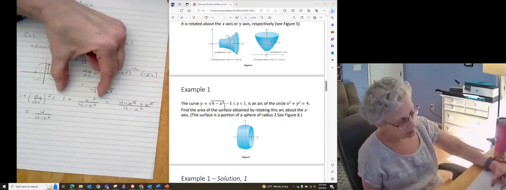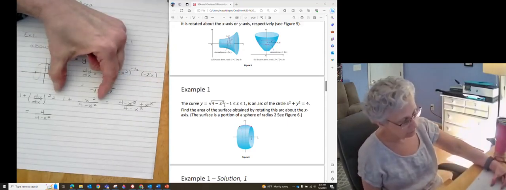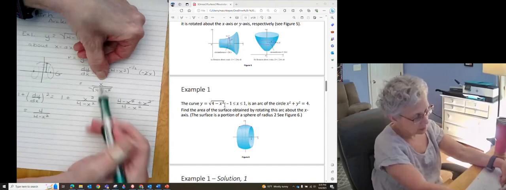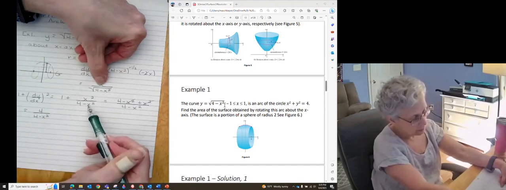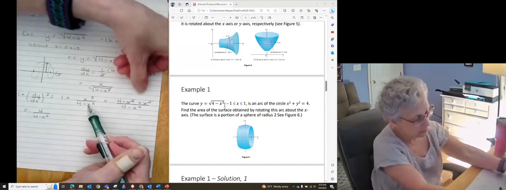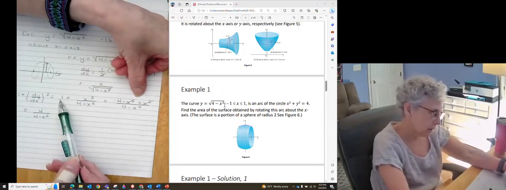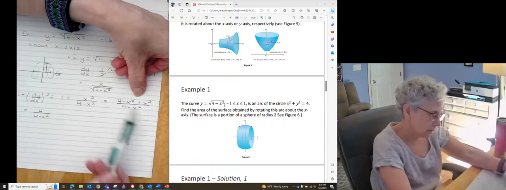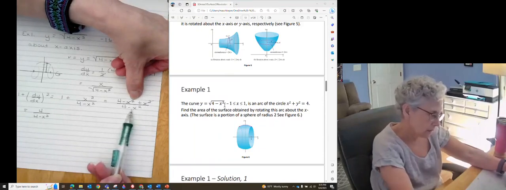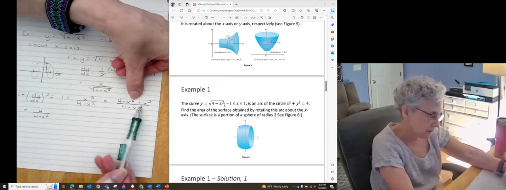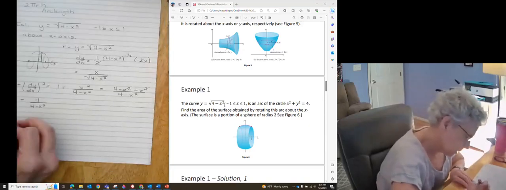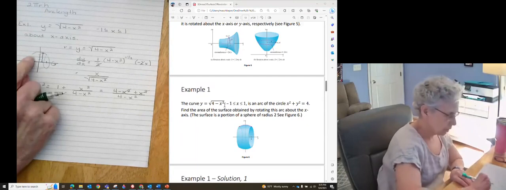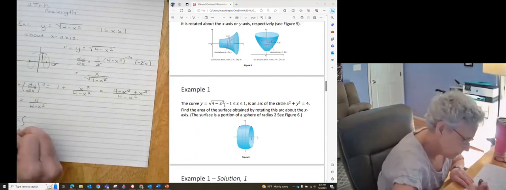So 1 plus my derivative squared, my derivative squared simplified quite nicely. The radical goes away. 1 is 4 minus x squared over 4 minus x squared, and then plus x squared over 4 minus x squared. So those disappear. So my surface area is going from minus 1 to 1.